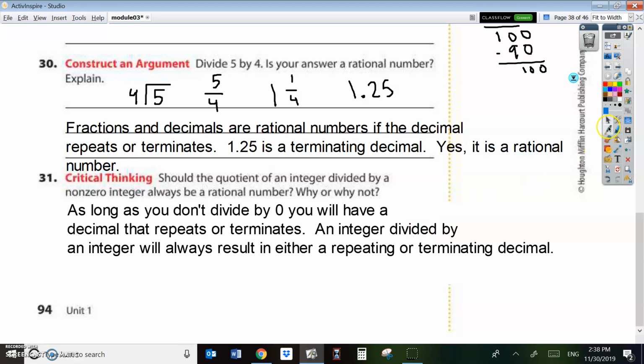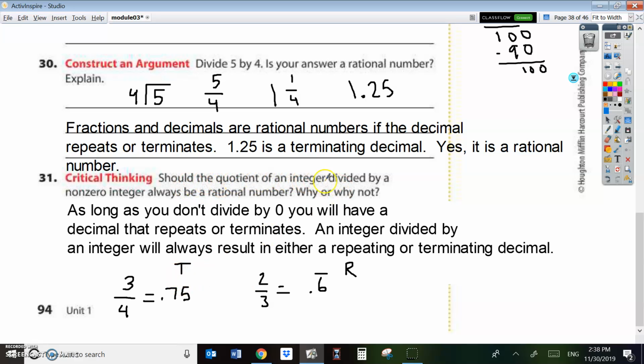Okay, so look. Here's an integer divided by an integer. 3 over 4 equals 0.75. Terminating decimal, right? 2 over 3 equals 0.6 repeating. It's a repeating decimal, but repeating and terminating decimals are rational numbers.